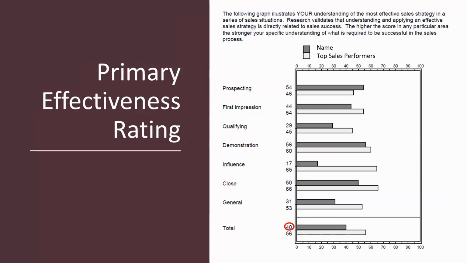And as you can see at the bottom, I've circled in red their score on the understanding of the most effective sales strategy in every situation. It's 40 compared to top sales performers, 56. So definitely a lot of work to do in these areas for understanding the most effective sales strategy.